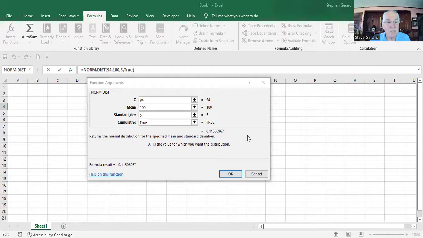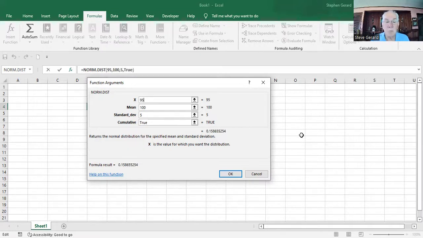But I'm doing this here not with z-scores, but with raw scores. What I would start off with is to say, okay, between 95 and 105. So I figured out, first of all, the cumulative probability of getting a score up to 105, and that is 84.1%. Now let me put in 95.